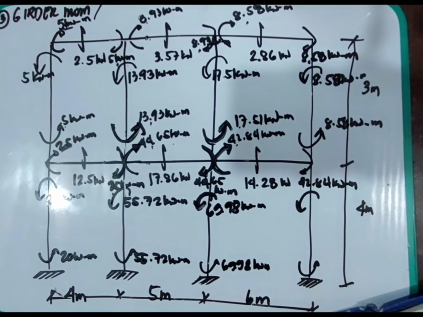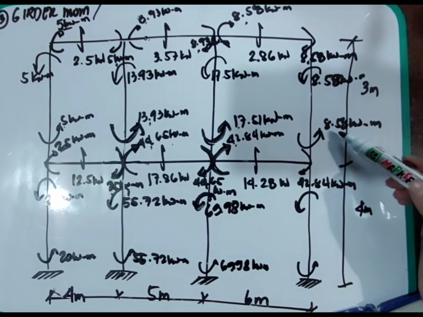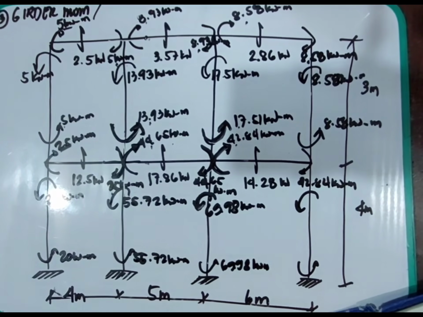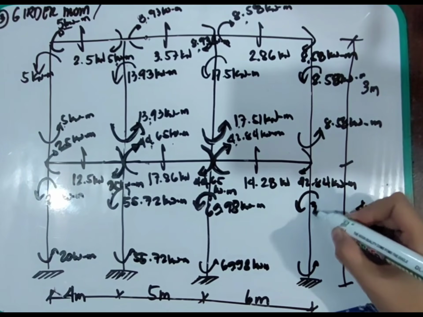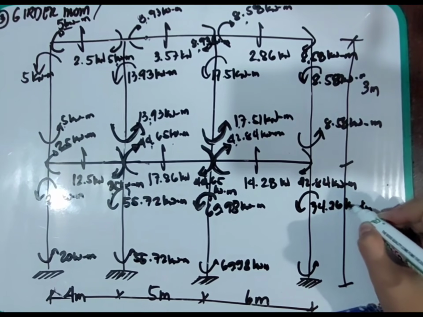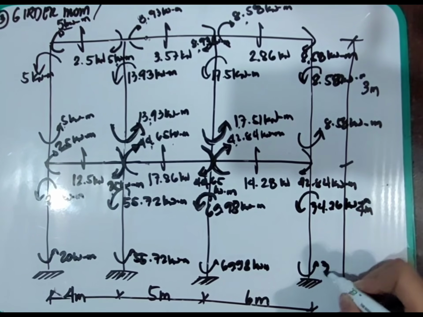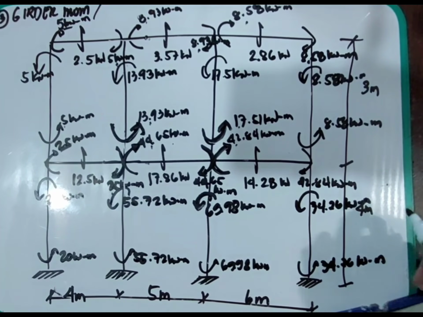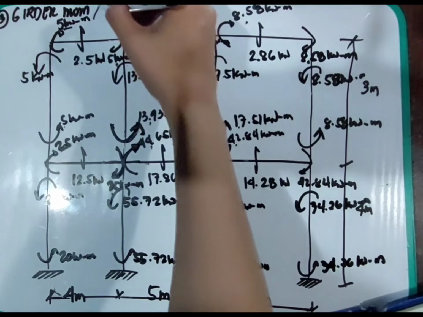And last, we have 8.58 minus 42.84. So, we have 34.26 kilonewton meter. Okay, so natapos tayo sa column moment.